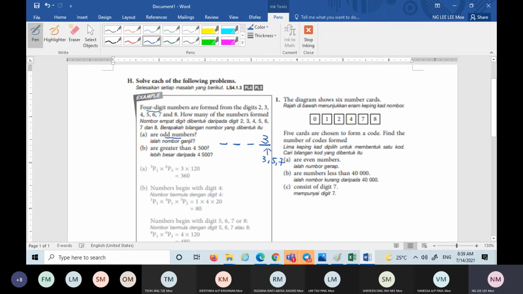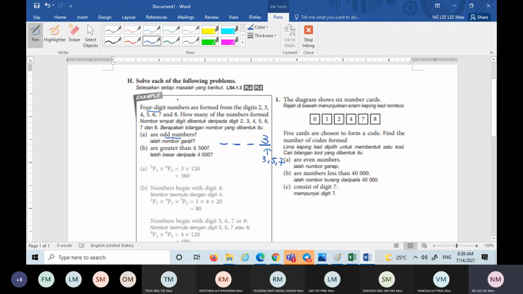Okay, 3 ways, after I put in one of the numbers already. Actually here they didn't say you can repeat the number or cannot repeat the number. Okay, we assume that you cannot repeat the number.